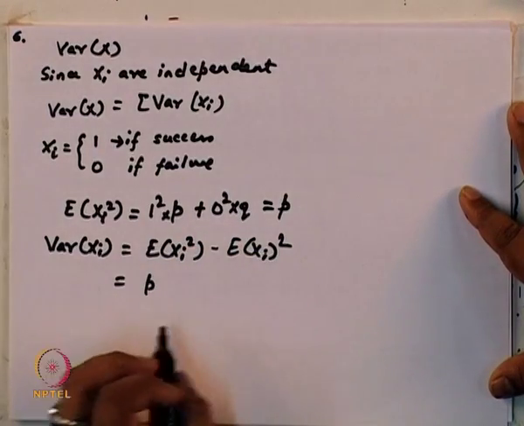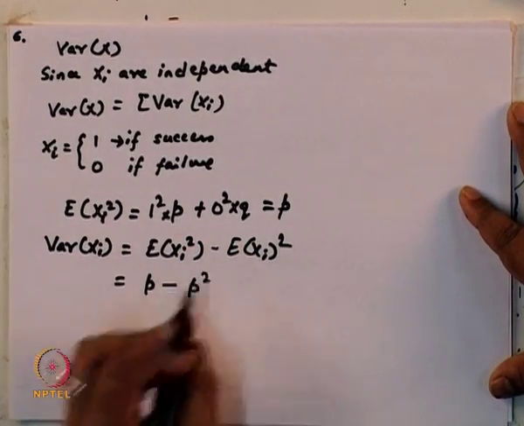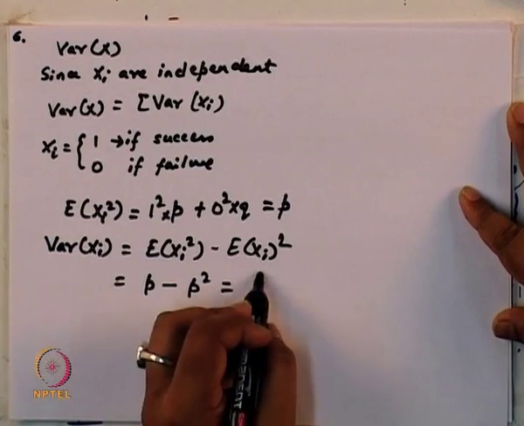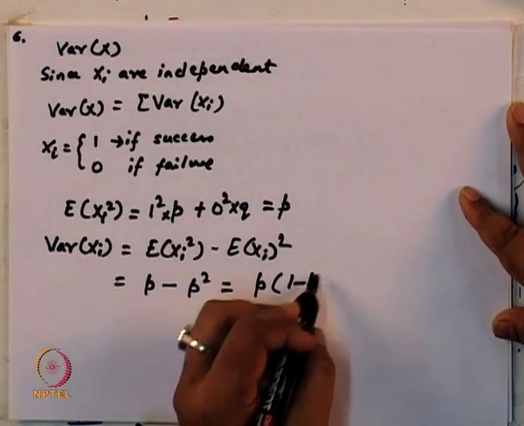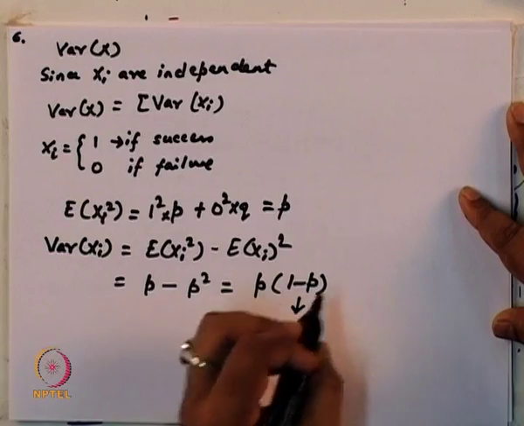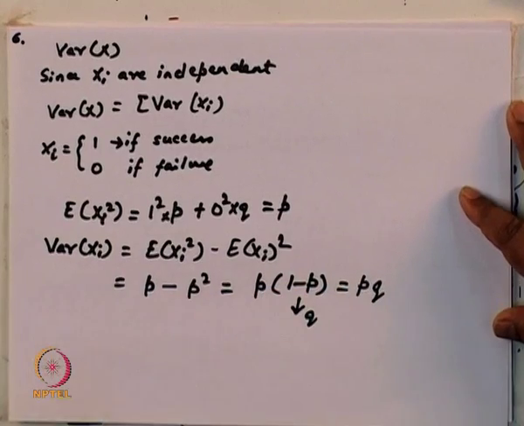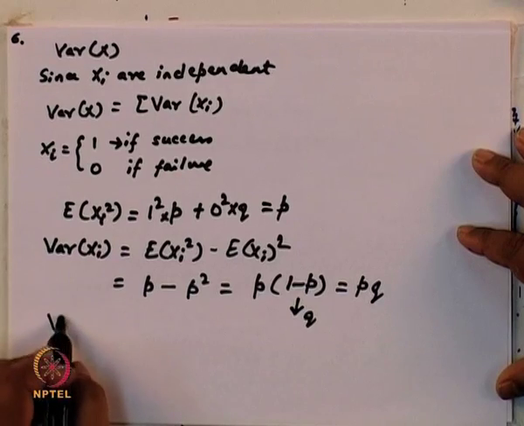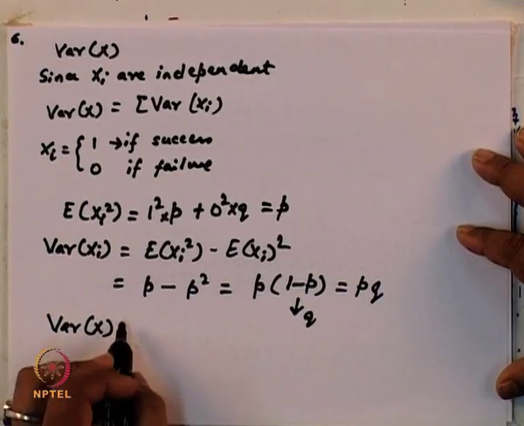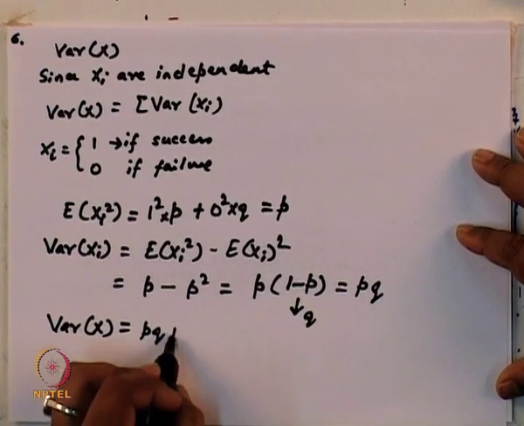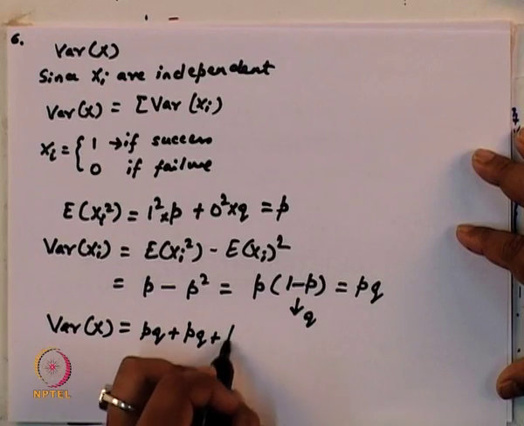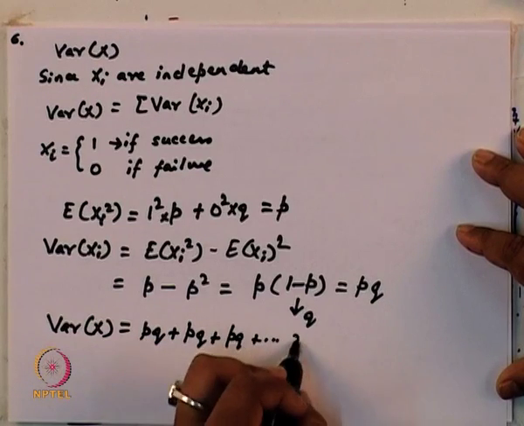This is p and this is p square. So, equal to p into 1 minus p, and 1 minus p is nothing but q. So, this is pq. So, variance of X then becomes pq plus pq plus pq n times.